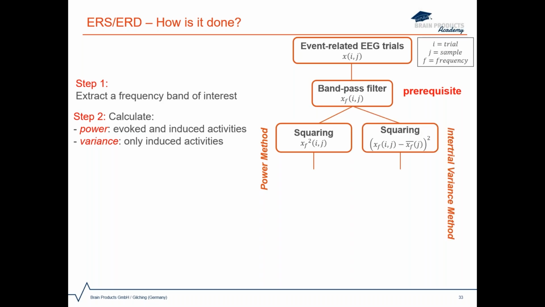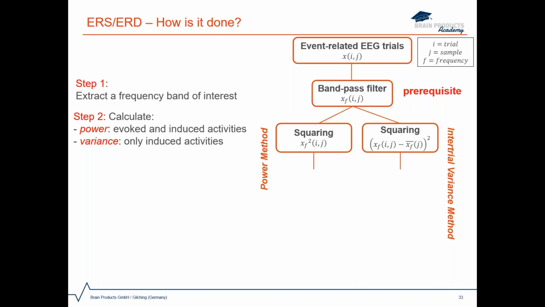That is why, additionally, the inter-trial variance method has been suggested, where the evoked activity is subtracted first before squaring the signal. This will only preserve induced activity. So that means we could actually compute ERS-ERD with both methods and then compare the results.